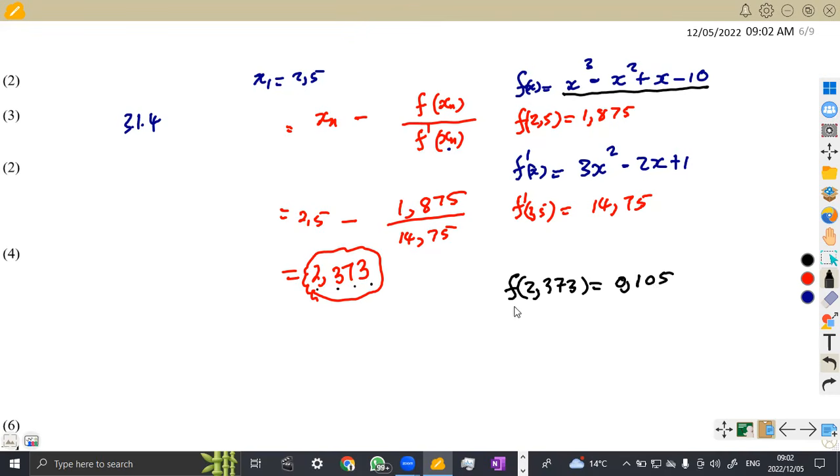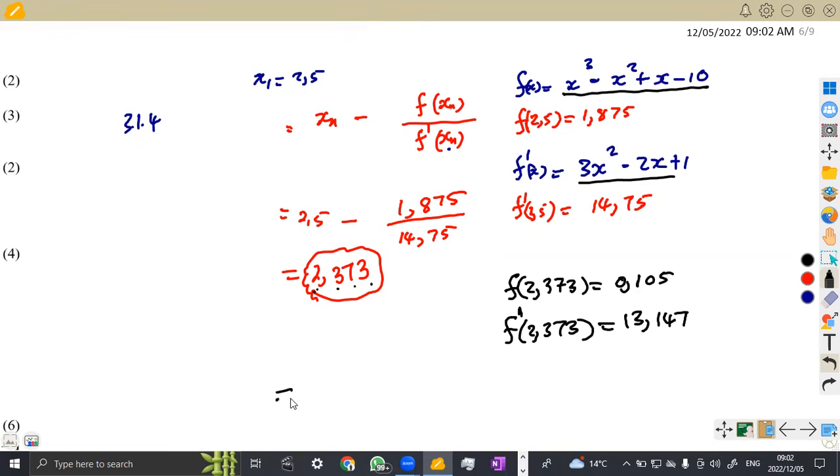If you do that, guys, you're going to obtain something like 0,105 to 3 decimal places. Then you go on to the first derivative, you substitute 2,373 and you're going to obtain something like 13,147 to 3 decimal places.